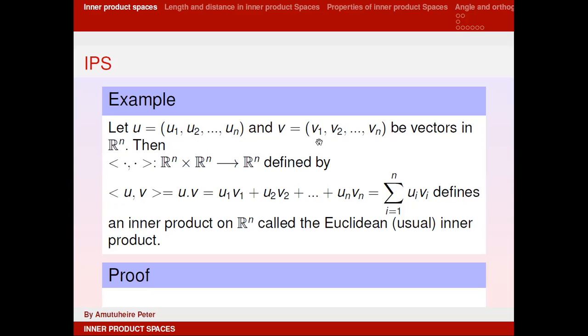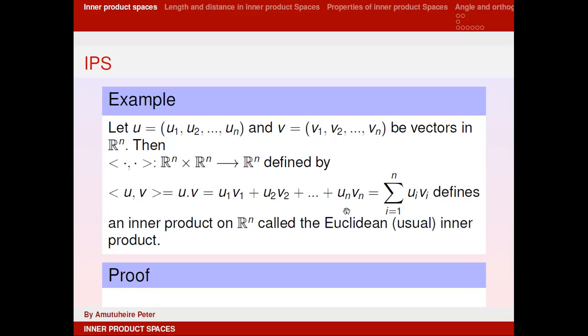It is U1 times V1 plus U2 times V2 plus U3 times V3 plus, and so on up to Un times Vn. So this is the usual dot product, and that inner product is called the Euclidean or the usual inner product.